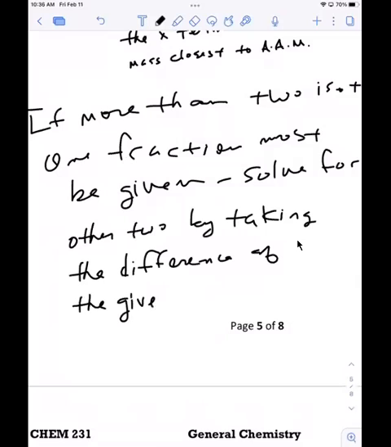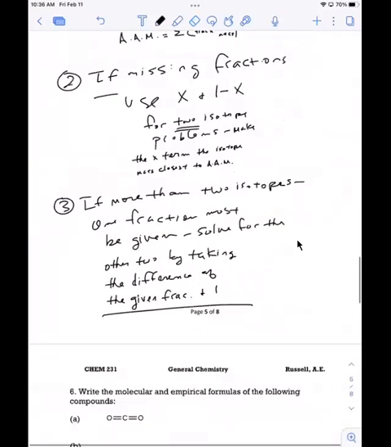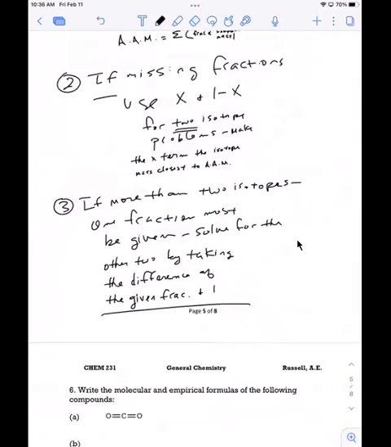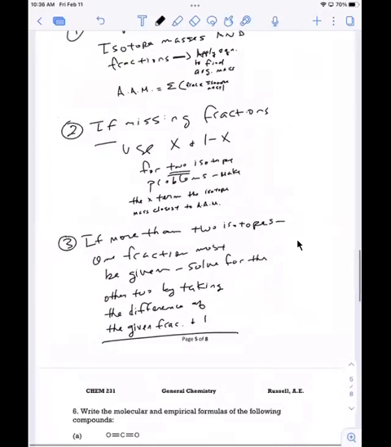Let me not say minus one, let me just say one. So that's like what we just did. We had 78.99 as the fraction. We subtracted that from one. What was left, we solved for those two fractions using X and then that number minus X. All right. Any questions about what we just did?